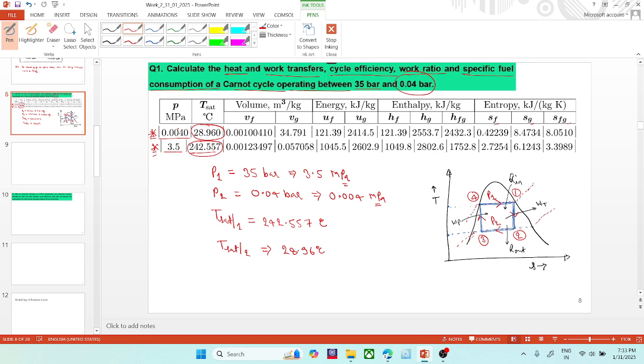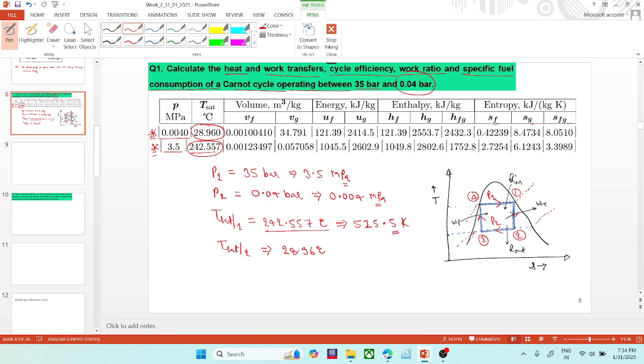Okay, so this value in Kelvin comes out to be 515.5 Kelvin.